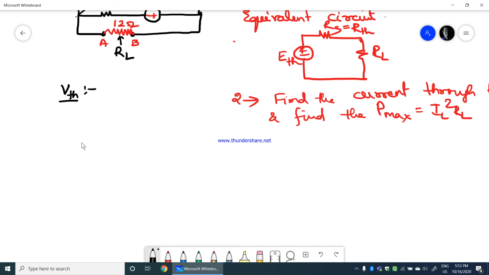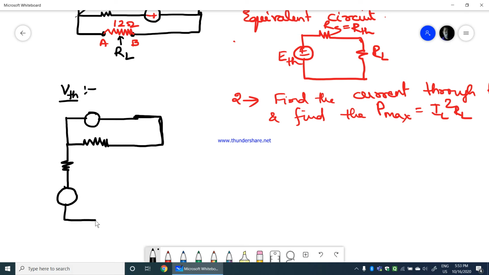So we write the circuit first, by removing the load resistance and measuring VTH across the open circuit created across the load. So here the load is removed.